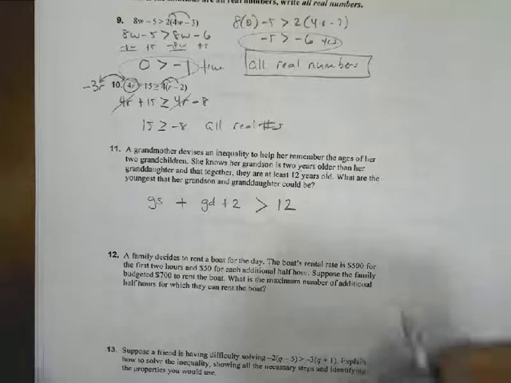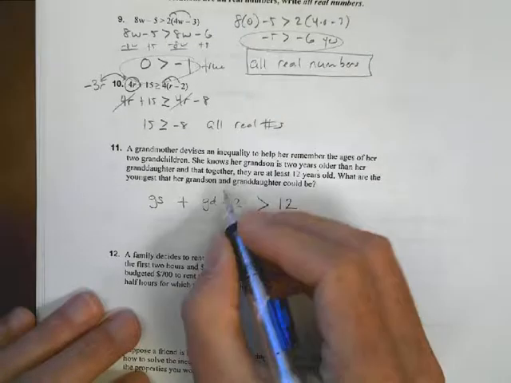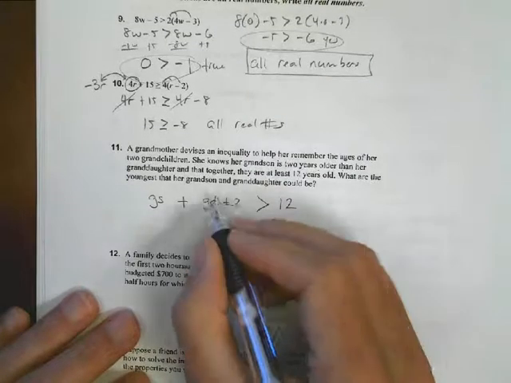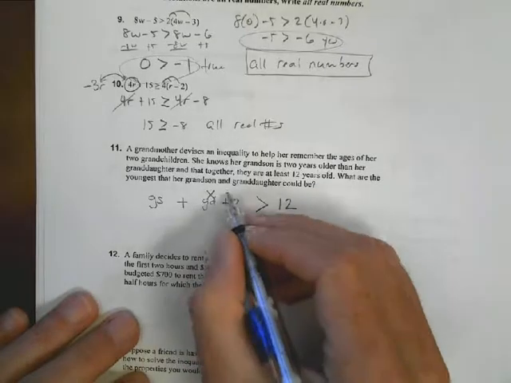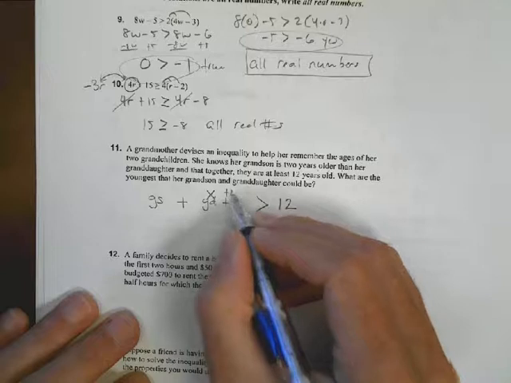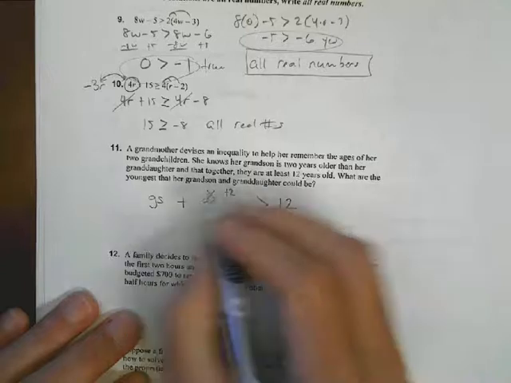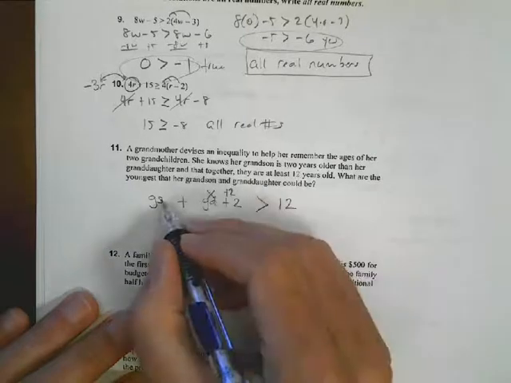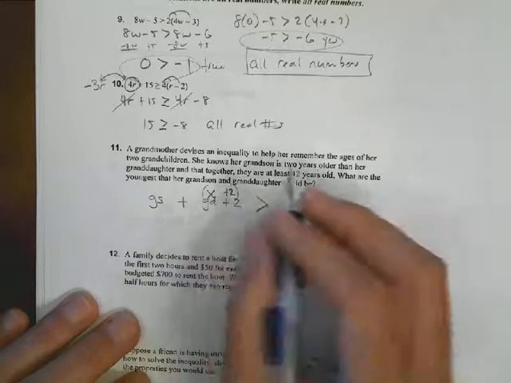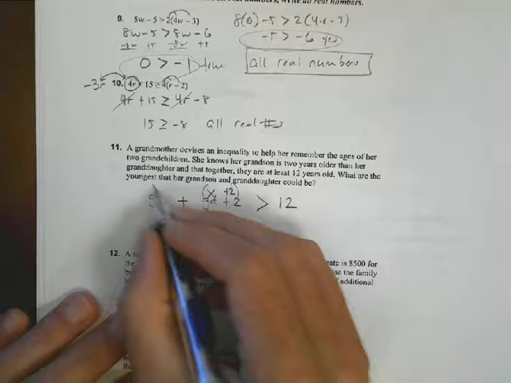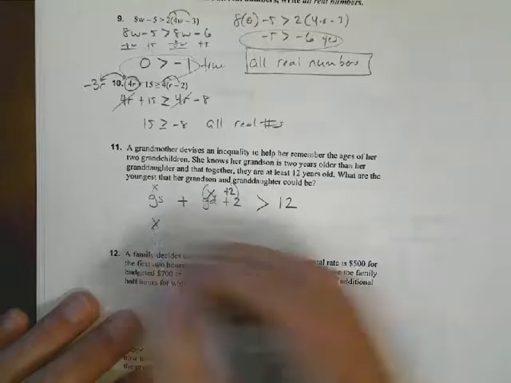Now, my variables aren't working too well so far, but I just wanted to keep track of what I have here. So, if I take the granddaughter's age, let's call her X, right? Actually what I want to do is say the grandson is X plus 2. So my grandson's age is X plus 2, and the granddaughter is X.